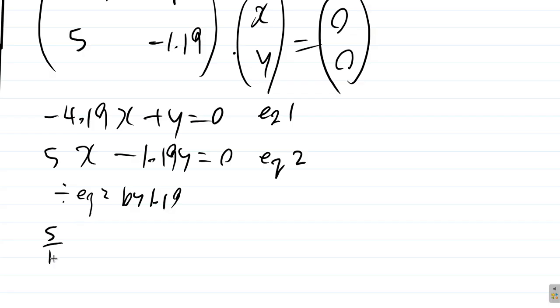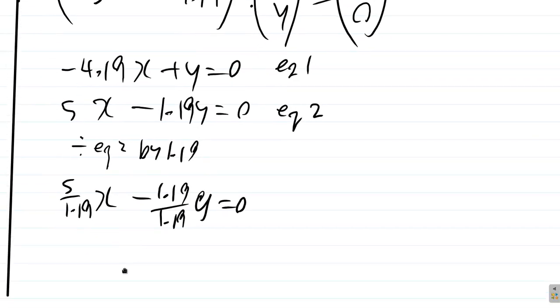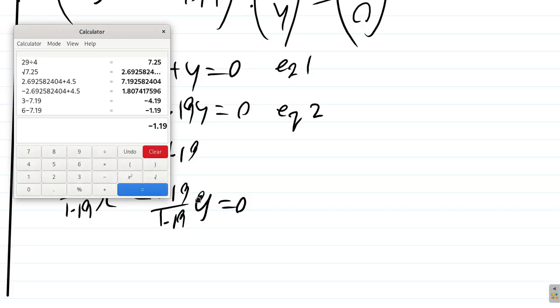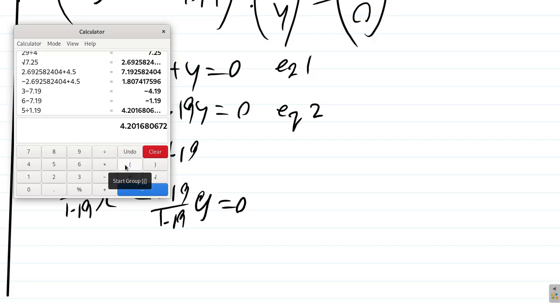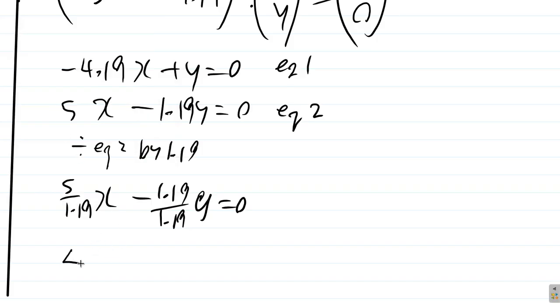This will be 5 over 1.19 x minus 1.19 over 1.19 y equals 0. So 5 divided by 1.19 equals 4.2, giving us 4.2x minus y equals 0.